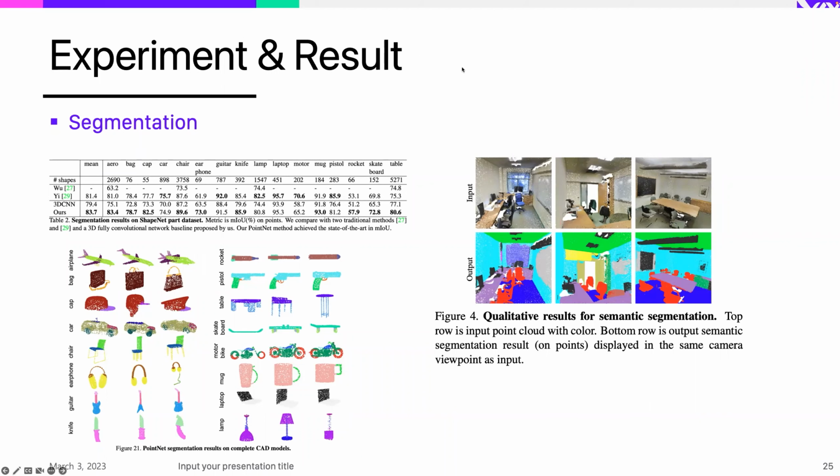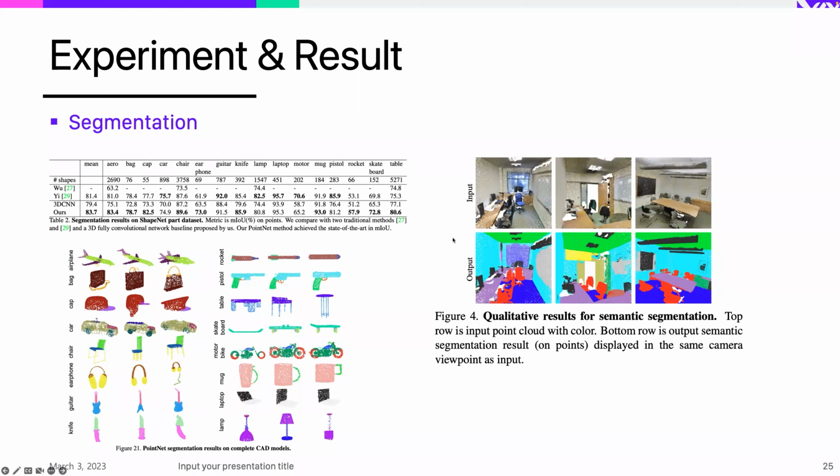Yes. So part segmentation is segmenting parts of the object. And semantic segmentation is when a scene is given, we segment the objects in the scene, like wall or chair.